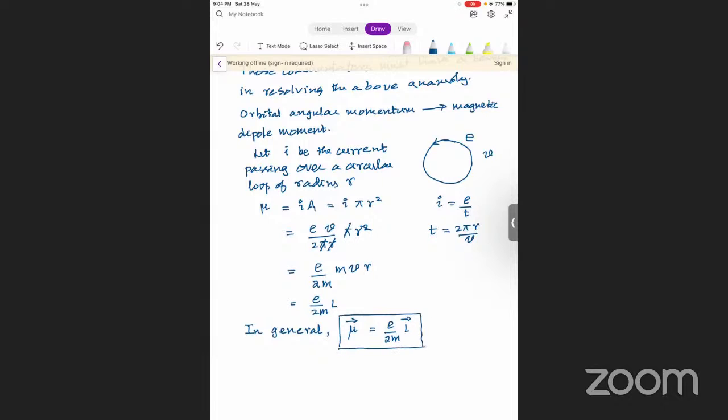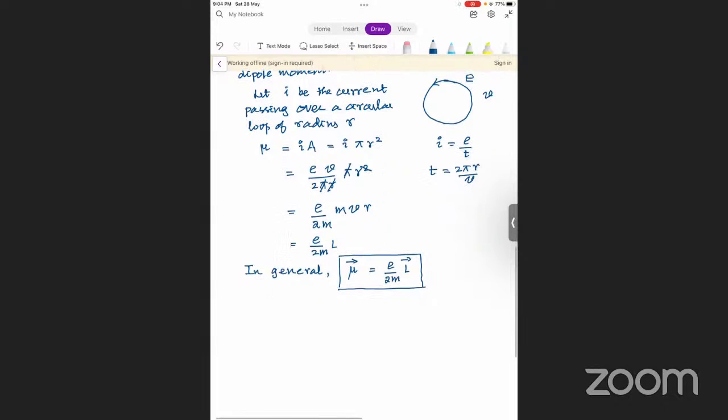The orbital angular momentum gives rise to a magnetic moment. That means any orbiting charge is like a tiny magnetic dipole, like a bar magnet. So that is the connection. That means if you apply a magnetic field, this will respond as if it's a magnetic dipole.